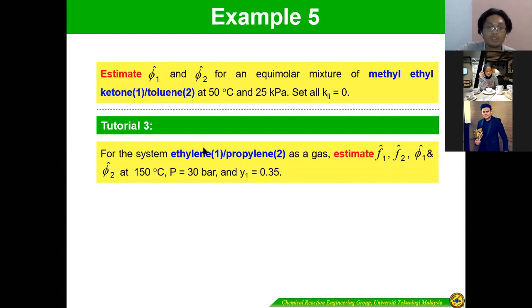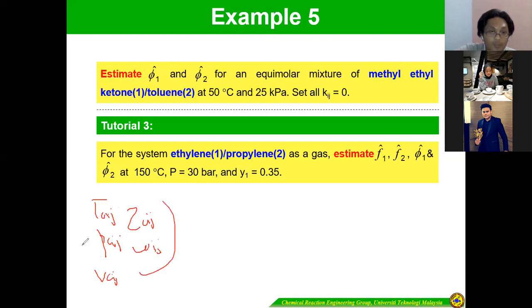Please do tutorial 3. First, you have to determine Tc_ij, Pc_ij, Vc_ij, Zc_ij, M, omega_ij.